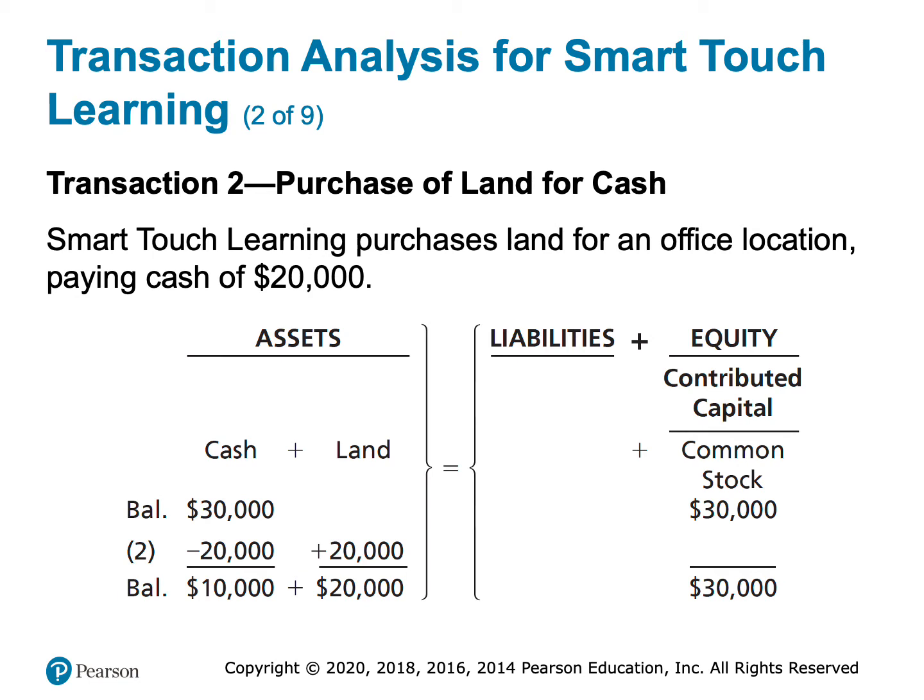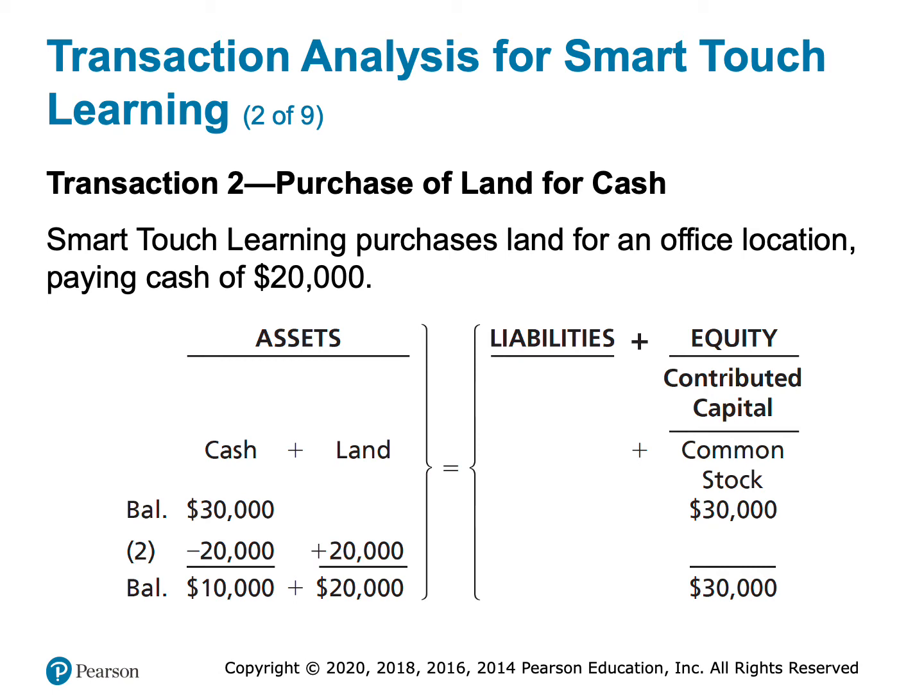Okay. Now, I want to throw a twist in here. We said that we spent $20,000 on the land, so that's what we recorded the land at. What if we really thought that the land was worth $25,000, but we got a really good deal on it? Could we record the land at $25,000?